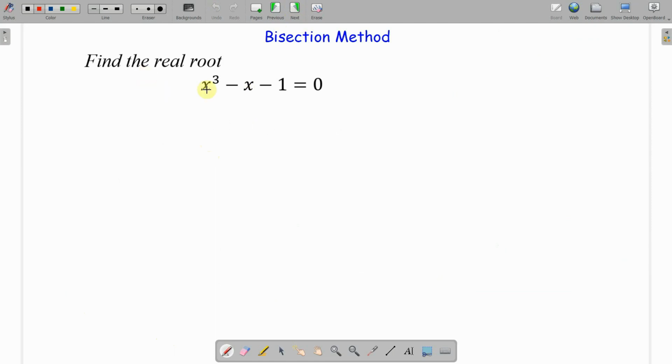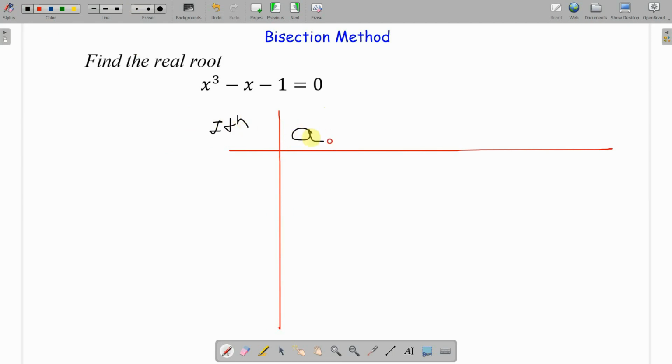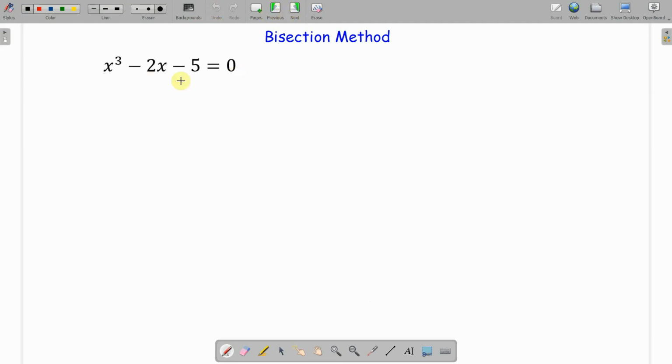Okay, consider this is f(x) and solve this problem. I'm making a table here. So this will be iteration, this is A, negative, this is B, positive. No, this one we have already done, solve this one.